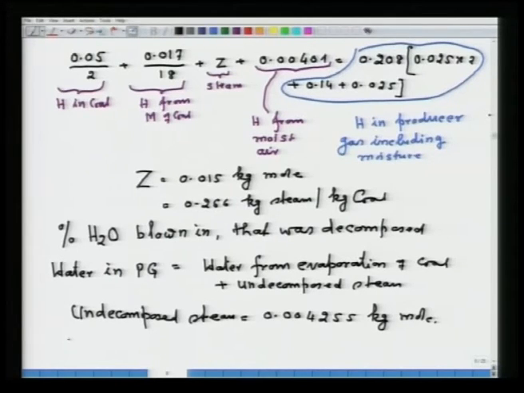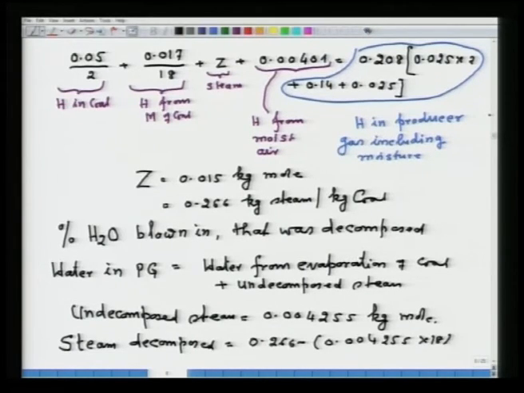So, therefore, steam decomposed will be equal to 0.266 kg minus 0.004255 into 18. So, the amount of steam decomposed will be equal to 0.1895. This is the kg, this is the steam decomposed.